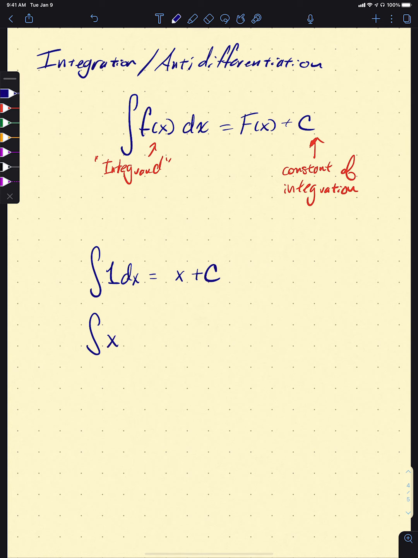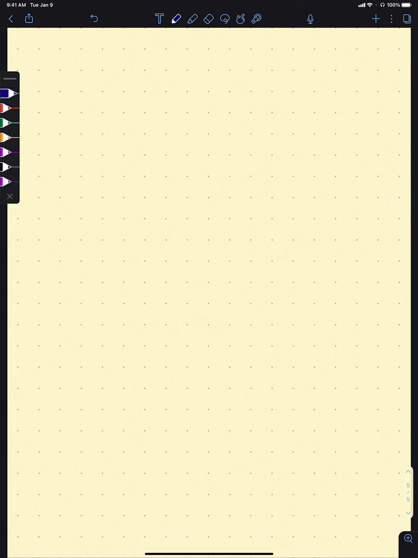We know that the antiderivative of 2x, we found that's x squared plus c. And so now our question is, what else can we know? What are the rules of taking these antiderivatives?